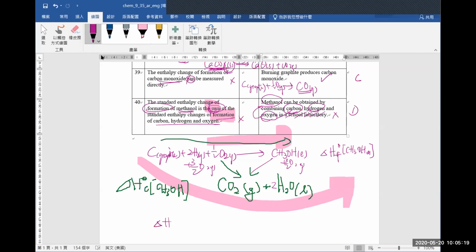So delta H of formation of methanol is equal to what? Delta H of what?